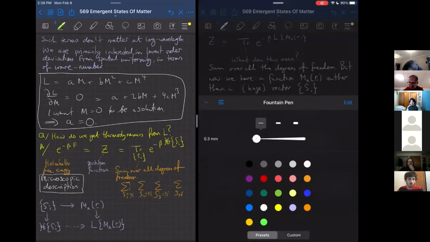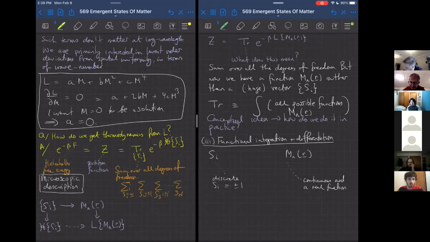And then, apart from the variable, we also have the label of the variable, which is I in the discrete case and R in the continuous case. So this thing here is a label. And the label tells you which variable you're talking about. And this label, I itself, is discrete and on a lattice.